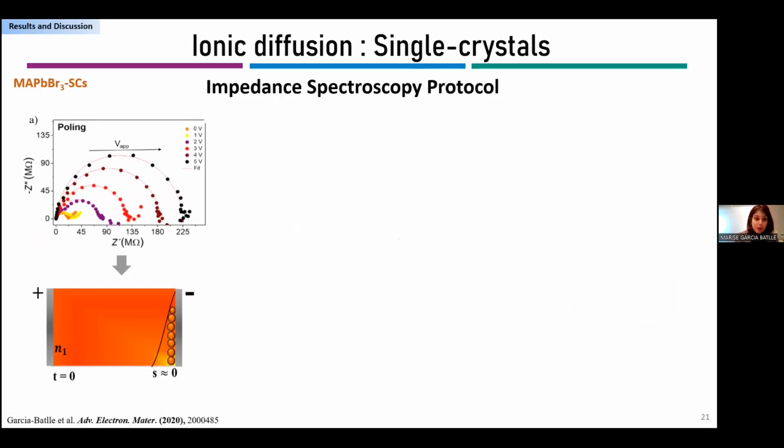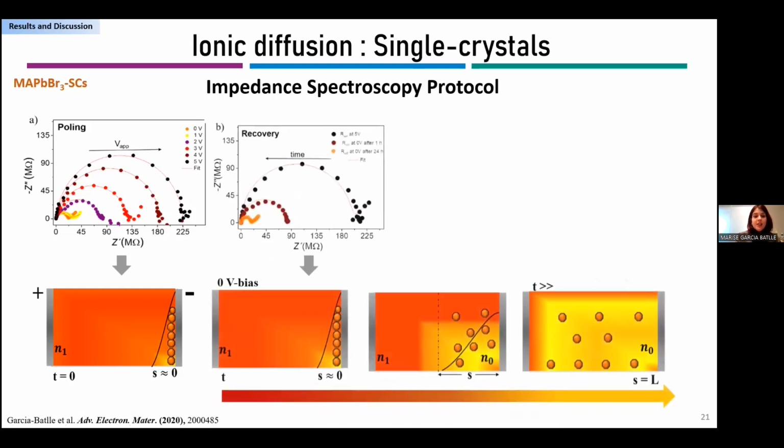what we observe. First, as you can see here, when we poll the sample at different bias, we have this kind of accumulation of ions at the beginning, and we have two zones of higher and lower carrier density.